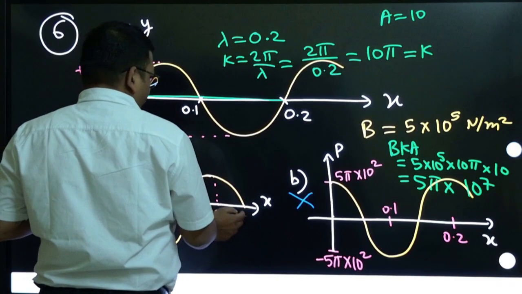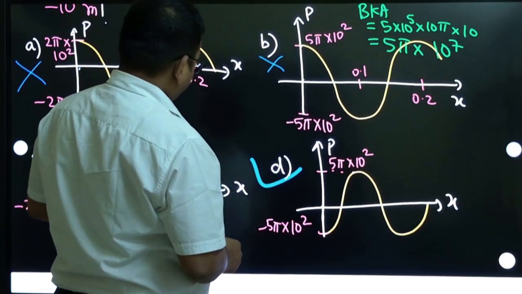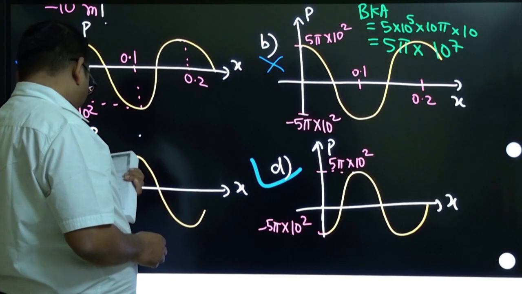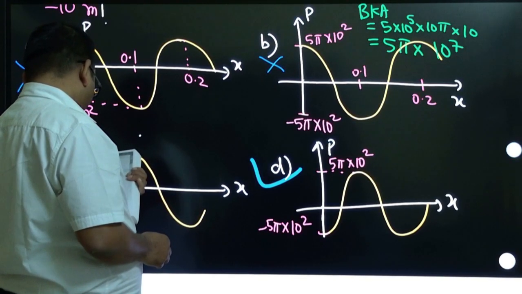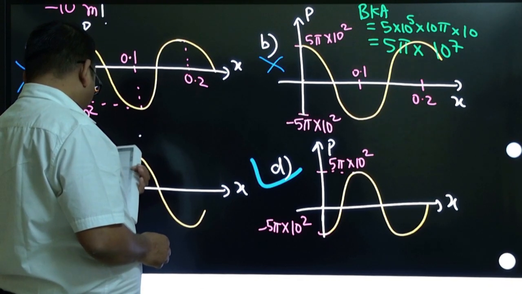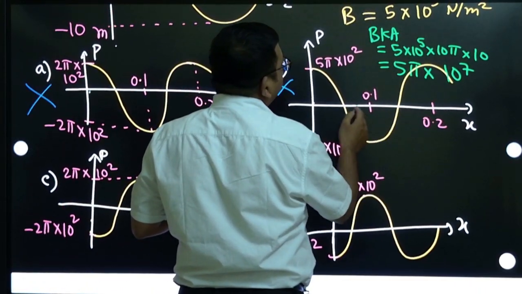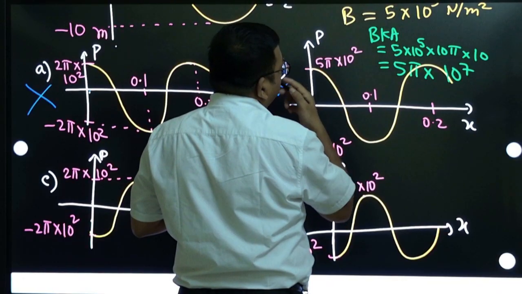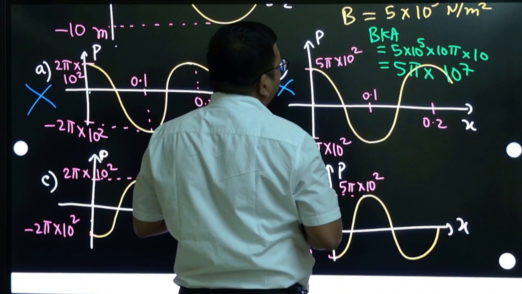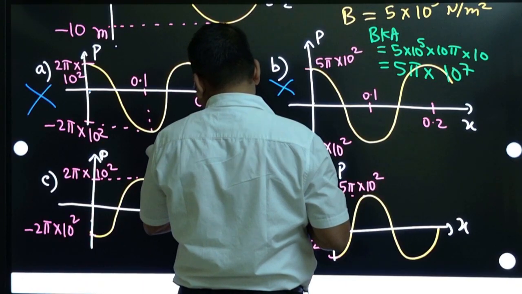Let us check that. 5 pi is correct. 10 to the power 7. Is it 10 to the power minus 1 or what? Is amplitude 10 to the power minus 1? Amplitudes are in meter only.